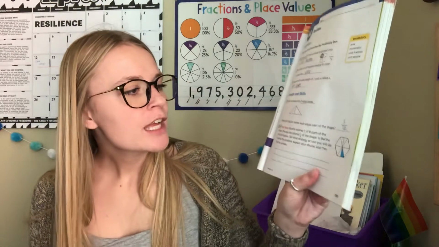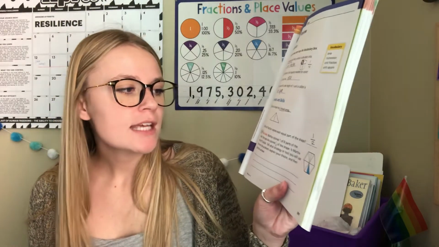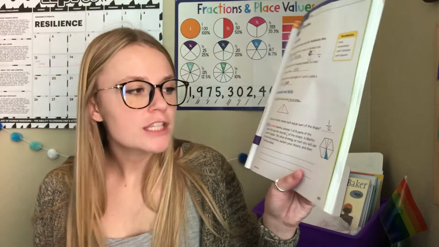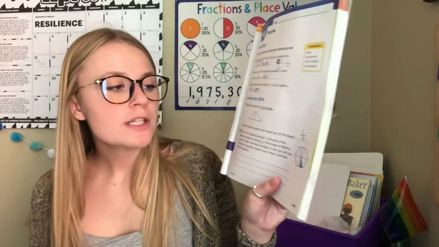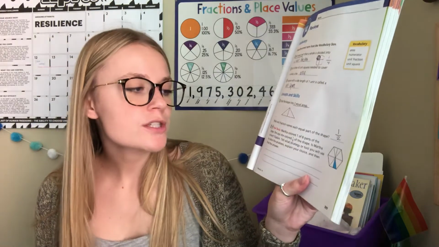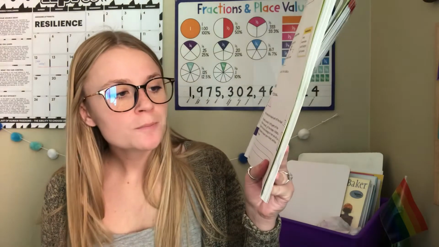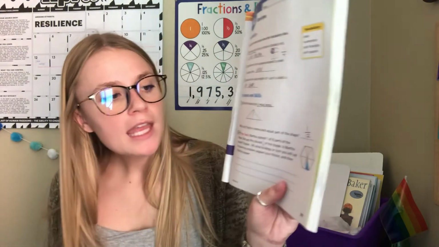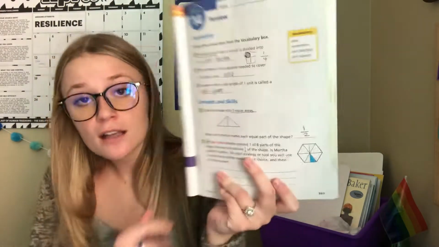Number 5, Martha colored one of 8 parts of the shape. She says she colored 1/8 of the shape. Is Martha correct? Explain. Tell what strategy or tool you will use to solve the problem, explain your choice, and then find the answer. Okay, so I am looking at this shape here, and it is a hexagon.